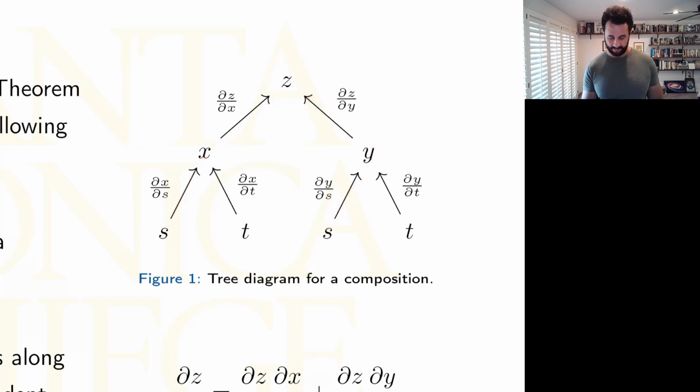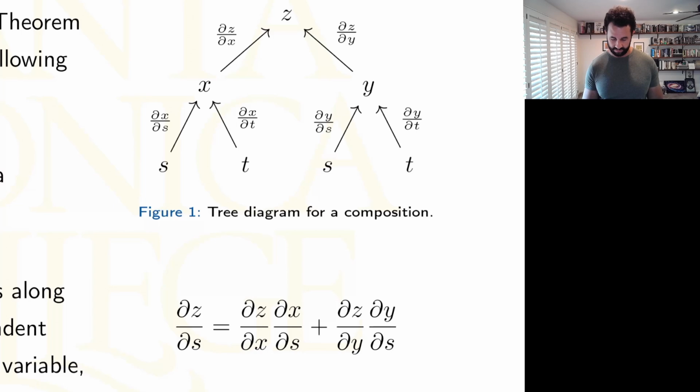So what am I going to get? I'm going to get a product of this and this: partial z, partial x, partial x, partial s, plus this other path right here, partial z, partial y, partial y, partial s. And then I add those results.